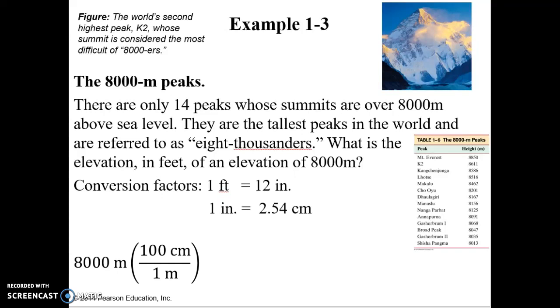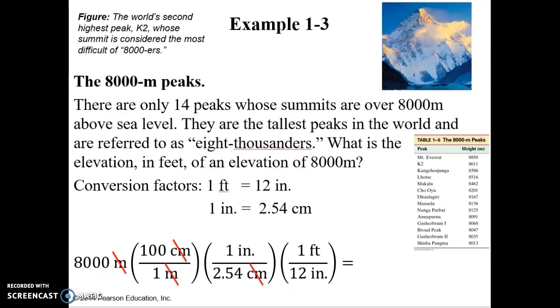Centimeters should be on top so that the meters will cancel out. Now we write our next conversion factor, centimeters to inches. Inches are on top so that centimeters will cancel out. Then our last conversion factor is inches to feet, with feet on top so that inches will cancel out.